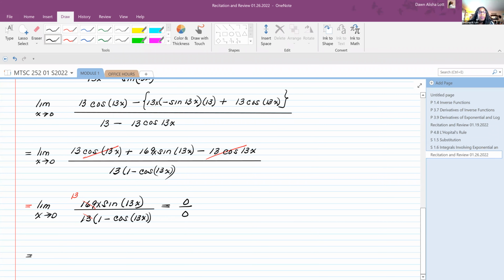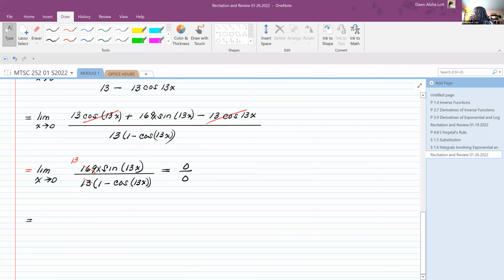Okay, so now take your derivative, and what do you get in the numerator? In the numerator, I got sine of 13x plus 13x cosine of 13x. Okay, so you're missing some 13s here. This 13 is still there.